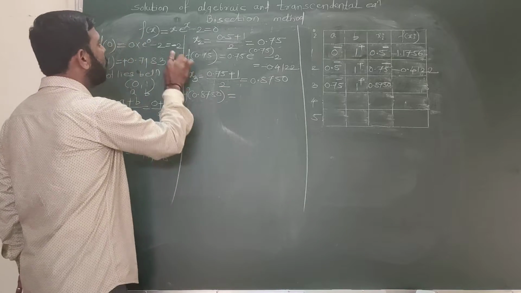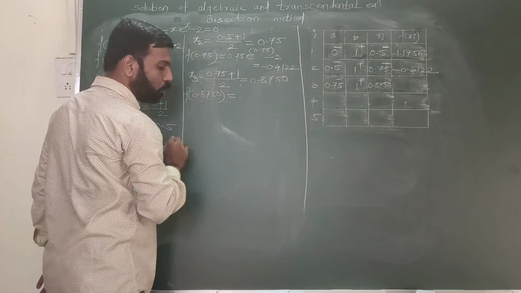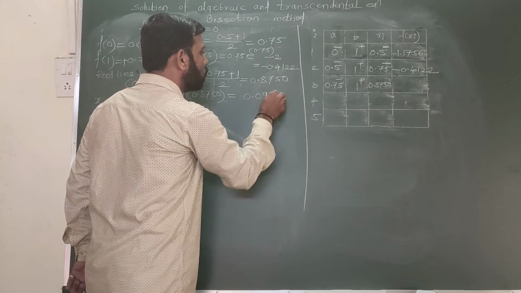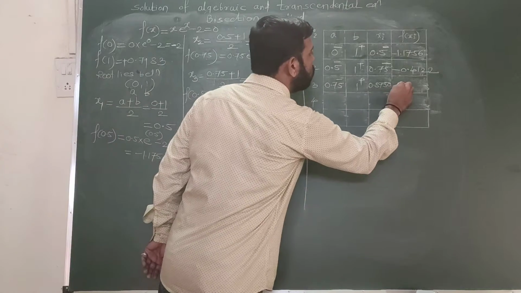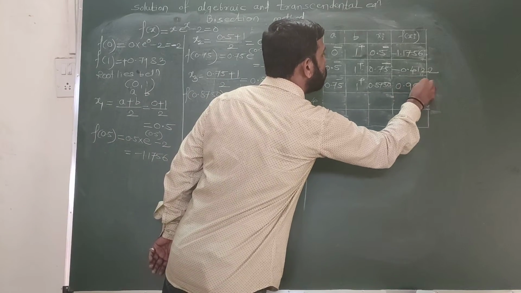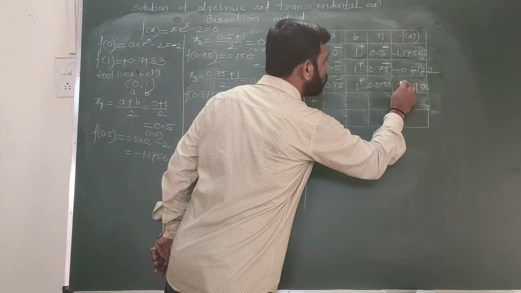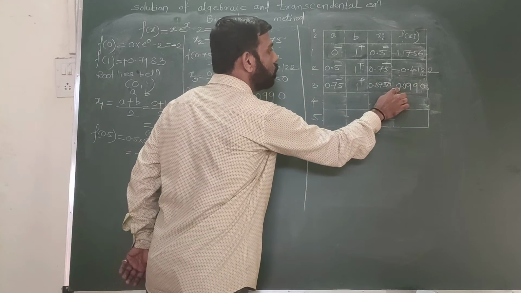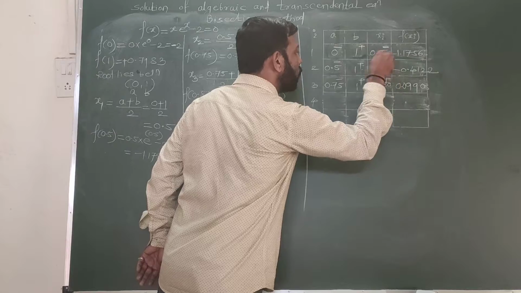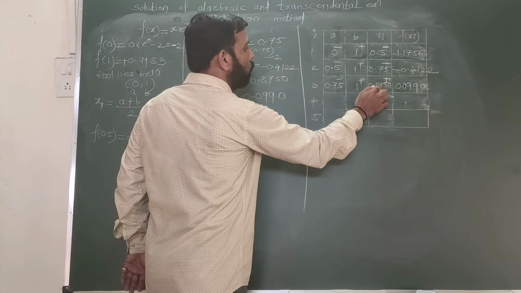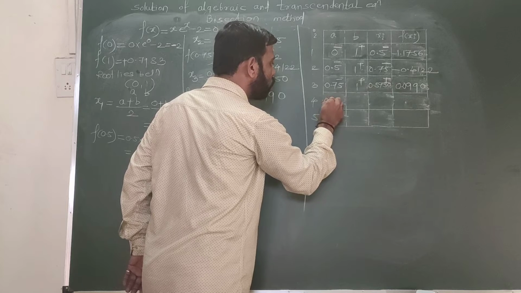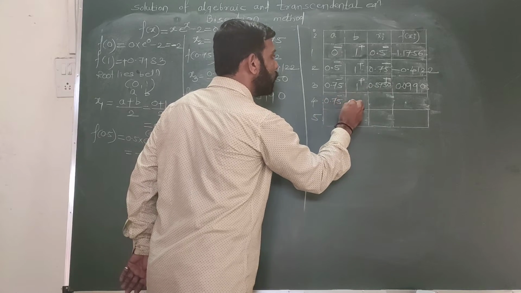Now I am directly writing the output after substituting: 0.0990. Now it has a plus sign, so we put the plus symbol here. Opposite terms, minus and plus, in the next row, those terms we will consider.